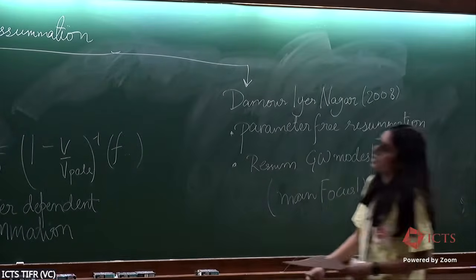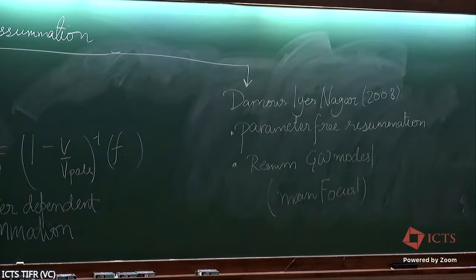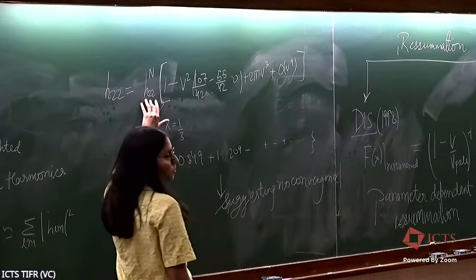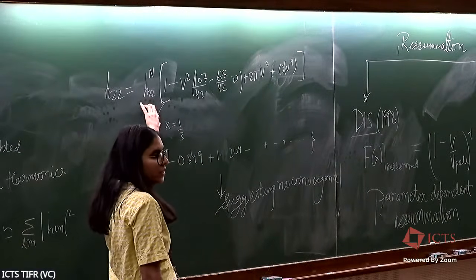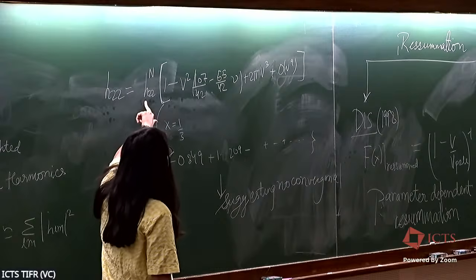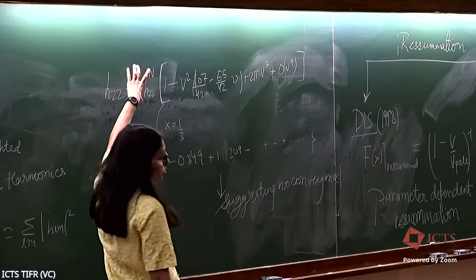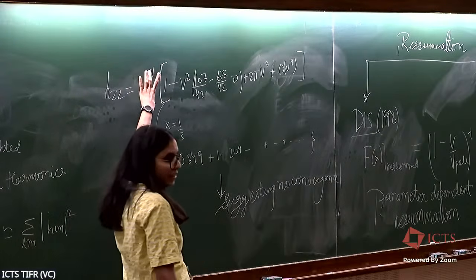So here, when I write the H22, what I did was I decomposed or factored out the Newtonian piece, though there are no gravitational waves in Newtonian dynamics. What I mean by factorizing this H_lm^N is the leading order gravitational wave mode.